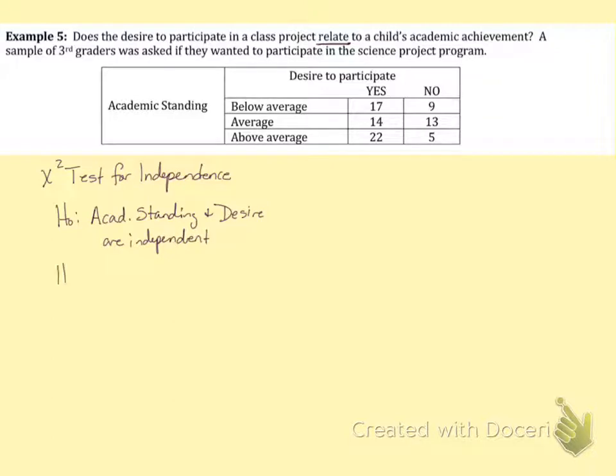And then the alternative hypothesis is the opposite, that academic standing and desire to participate are not independent, meaning they are related.